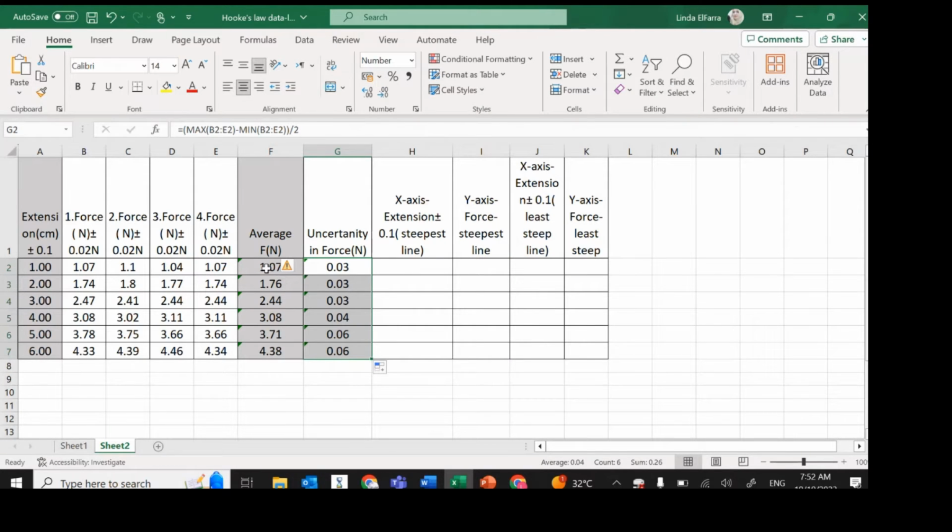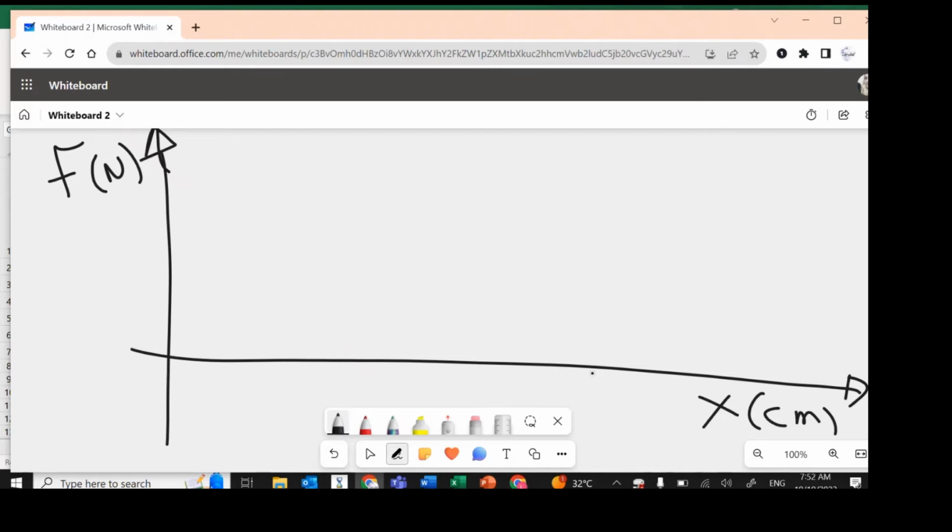The average value for force is 1.07, and the last value for force is 4.38. So we're going to draw these values here. So the first value is 1, and the last value here is going to be 6. Here, we will take y.